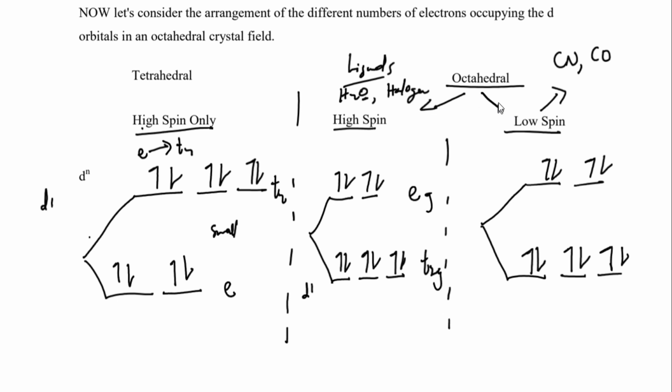It's high spin if the ligand is a weak field ligand, for example the donor atom O in a water molecule, or halogens like chlorine, bromine, iodine, fluorine coordinated to the transition metal. For low spin, we have CN and CO, and they are low spin because they are strong field ligands. The splitting distance is large. So thank you.